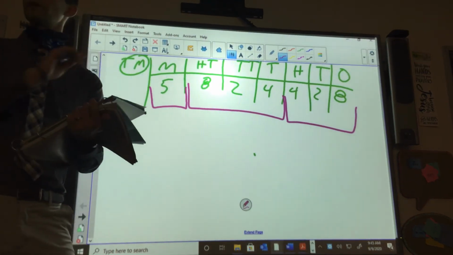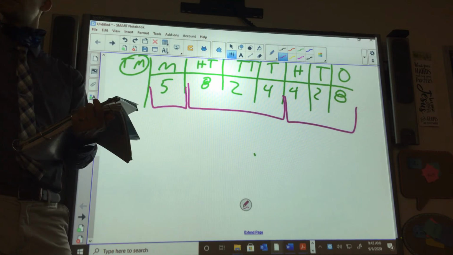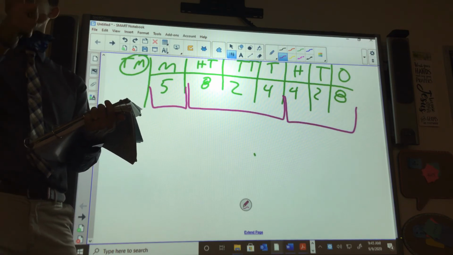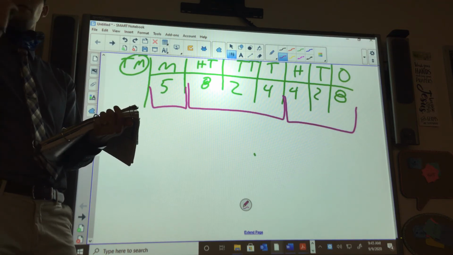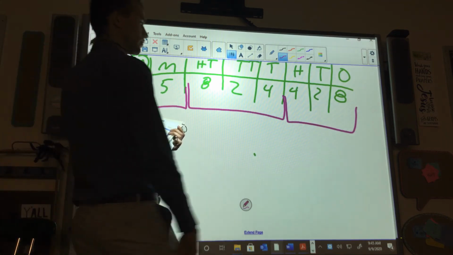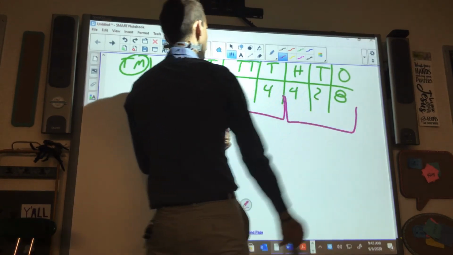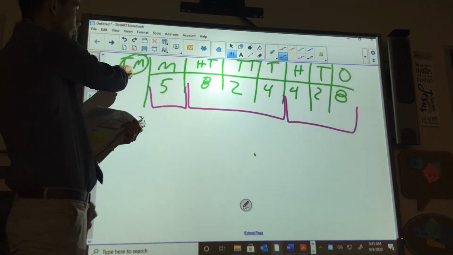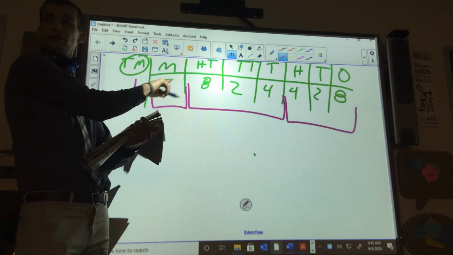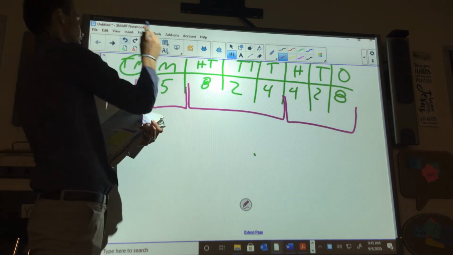Does anyone notice what the increments are? If you start at the right, it's in increments of 3. So you would say 428. You would say 824,000. You would say 5 million. If you had more, like if you had a 1 here, you would say 15 million. But we're not getting to that yet.